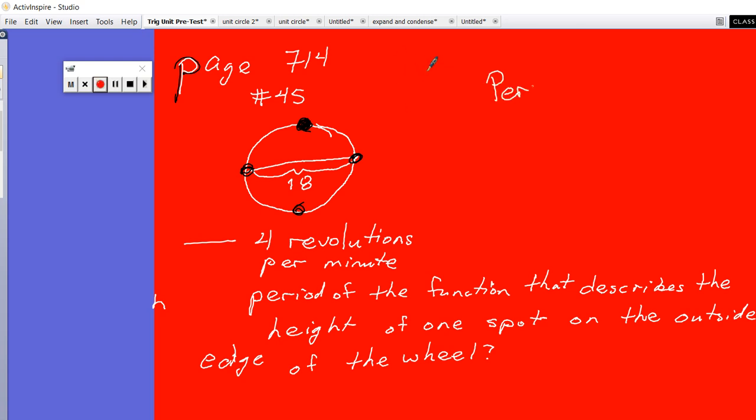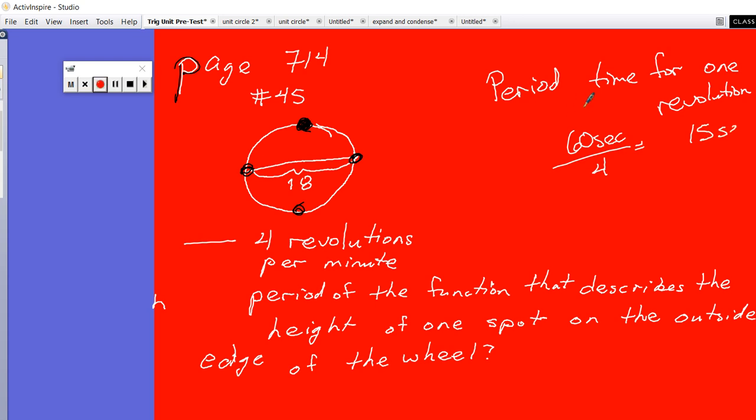So period is time for 1 revolution. So since I make 4 revolutions in 1 minute, the time for 1 revolution is going to be 60 seconds divided by 4. So it takes 15 seconds to complete 1 revolution.